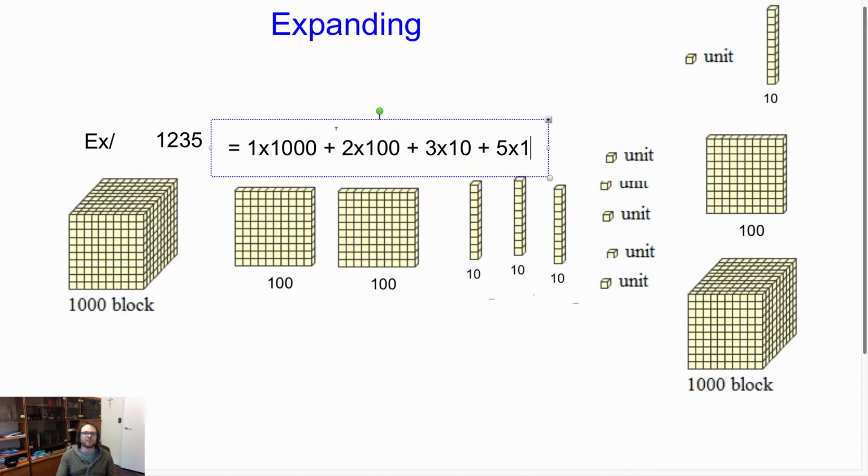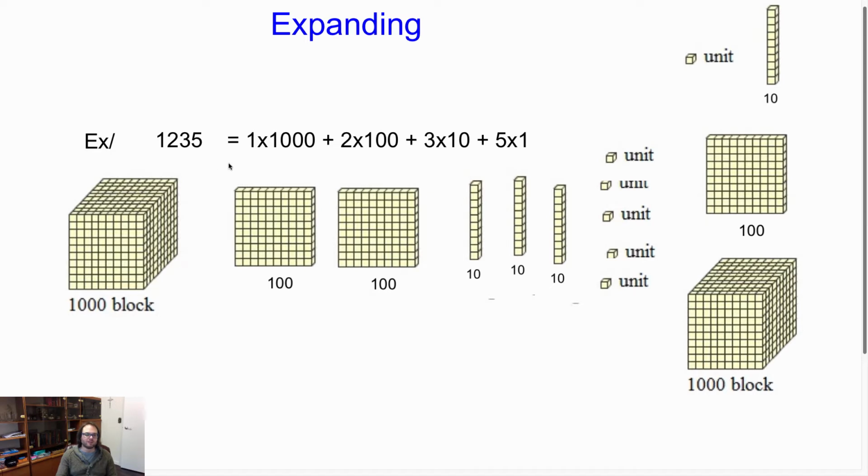If we simplify this even more, this is equal to 1,000, because 1 times 1,000 is 1,000, plus 200, plus 30, plus 5.